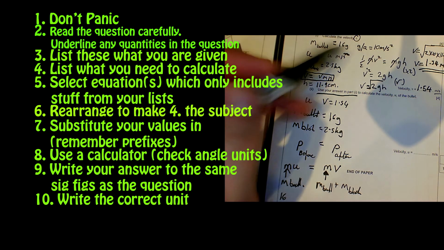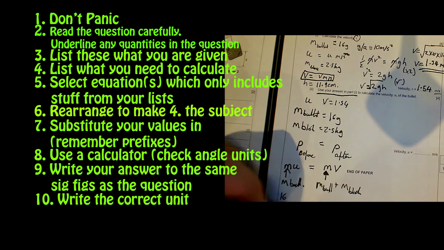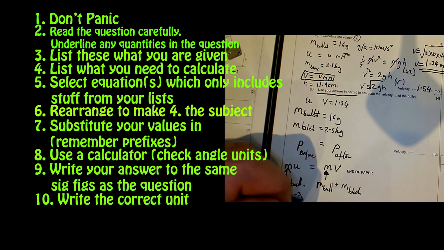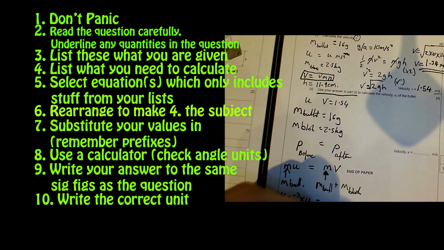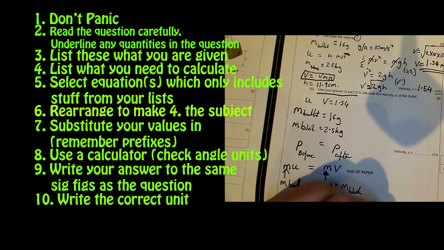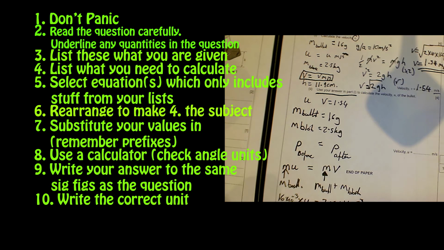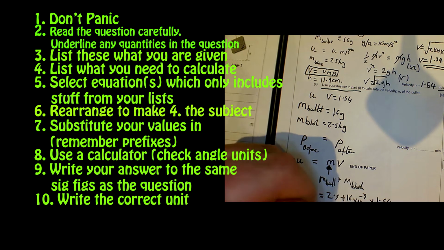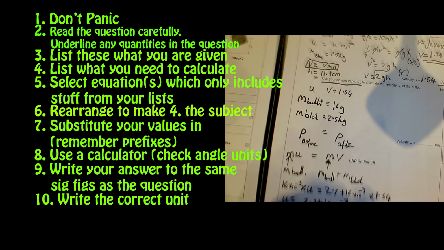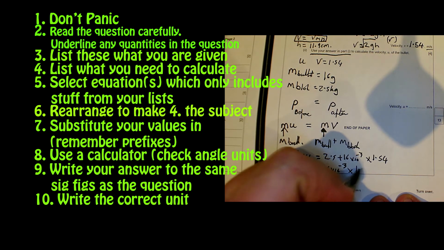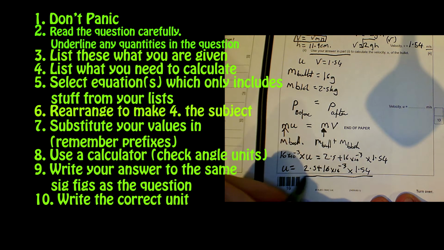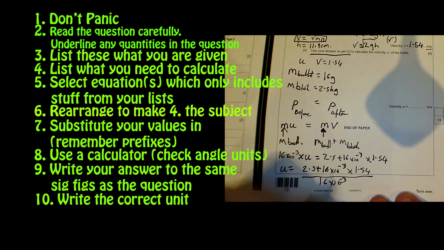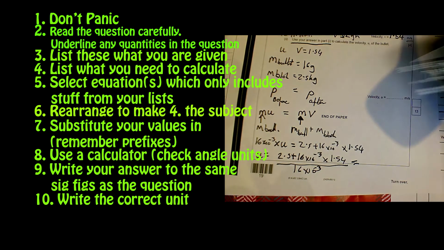Take care again with units: this is in grams, the other is in kilograms, so 16 times 10 to the minus 3 times u equals 2.5 plus 16 times 10 to the minus 3, times 1.54, using my previous answer. Now I'm going to rearrange: u equals 2.5 plus 16 times 10 to the minus 3, times 1.54, divided by 16 times 10 to the minus 3.